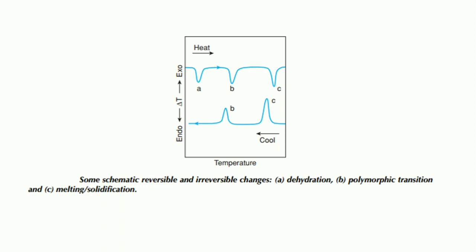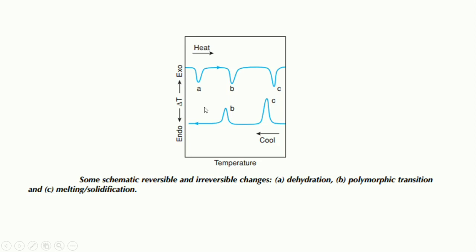A schematic DTA sequence illustrating reversible and irreversible changes is shown in this figure. Starting with the hydrated material, the first event on heating is the dehydration, shown as A, which requires heat input and is detected as an endotherm.